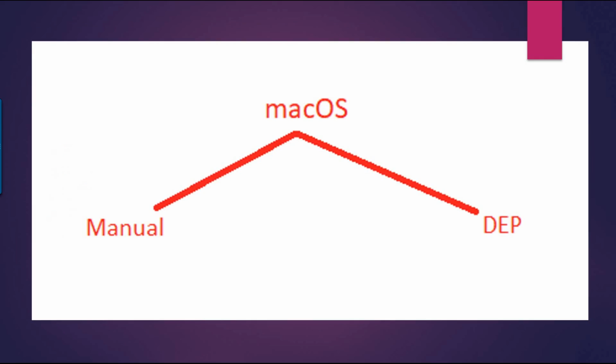Lastly, we have the Mac enrollment. Just like an iOS enrollment, we can enroll a Mac device to Intune, and there are two ways. We can do it manually, wherein we install the company portal application, or we can use the DEP program. In case of manual enrollment, the end user needs to have an Intune license, and that's all.